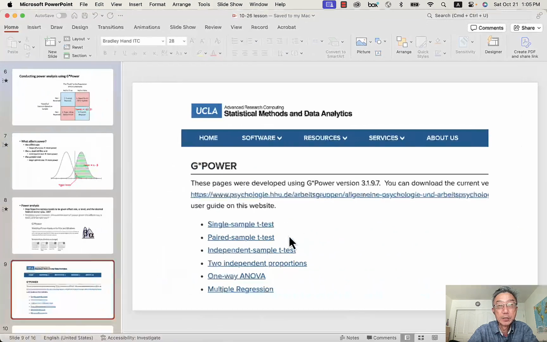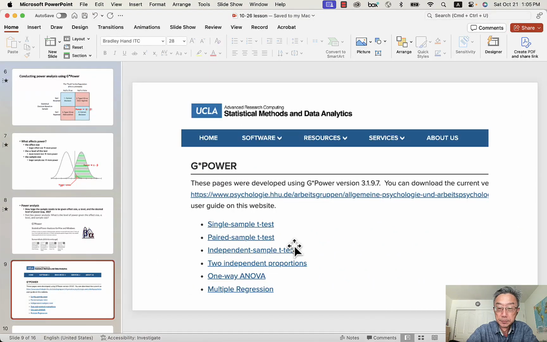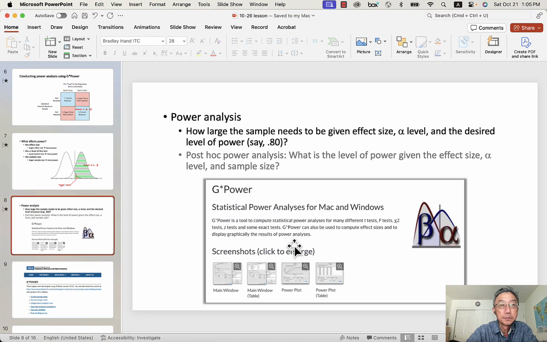If we go back to our power analysis page, this is essentially the a priori power analysis, meaning we figure out the required sample size given the effect size, alpha level, and the level of power that we want. Okay, so that is the end of this video.